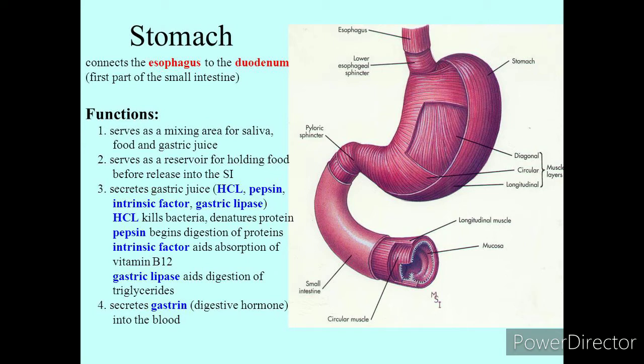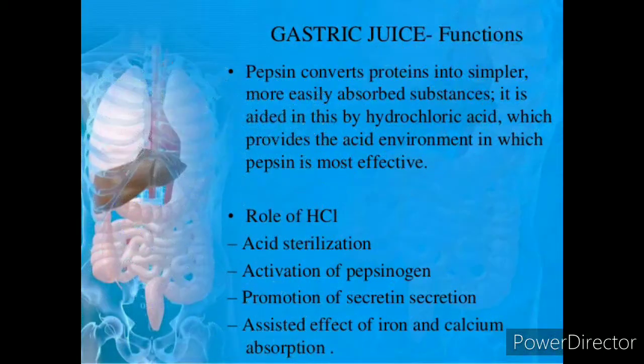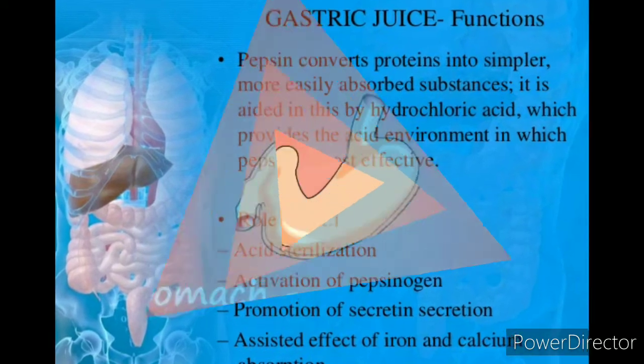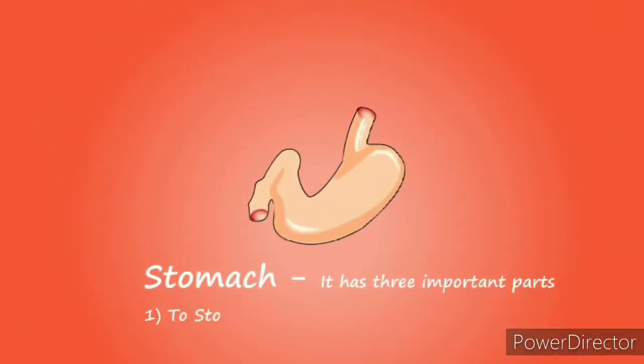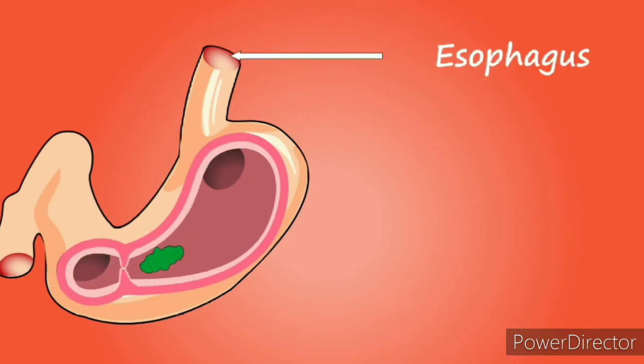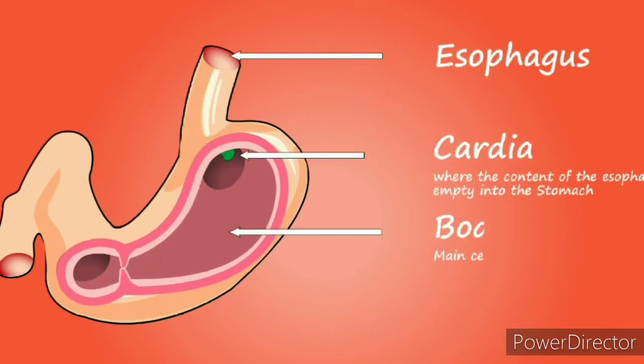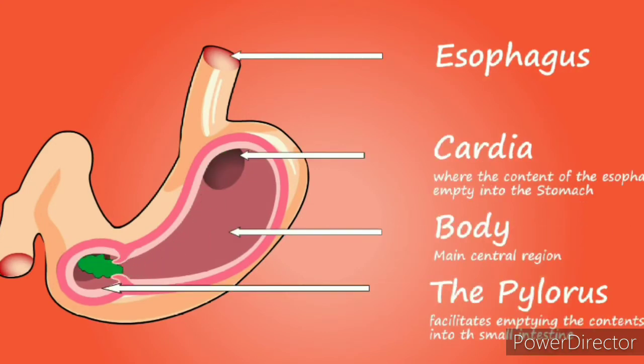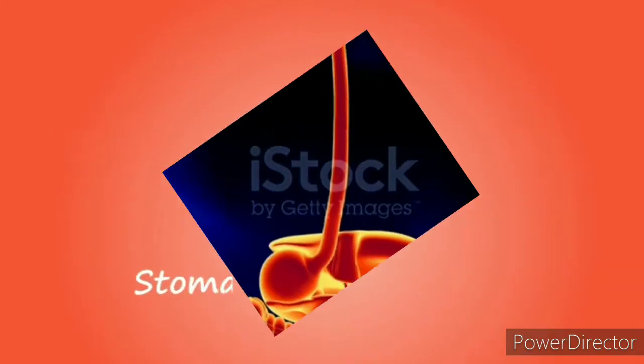Fourthly, it secretes gastrins into the blood which stimulate parietal cells to secrete HCl and chief cells to secrete pepsinogen, which will eventually digest the protein molecules. It also secretes somatostatin from the D cells. Somatostatin is released in response to acid, thus turning off the HCl secreting cells and their most potent stimulatory pathway.